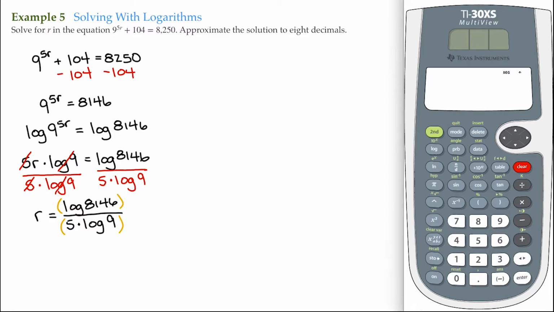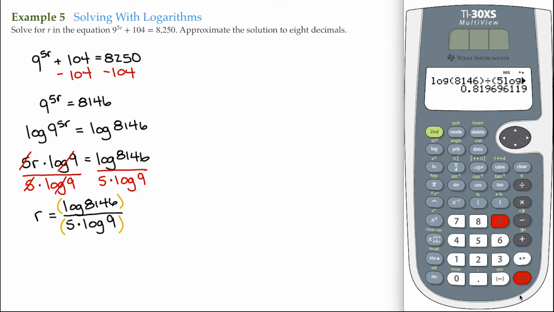So as we enter it, I'm going to type in the log of 8,146, close off that parenthesis, and then I'm going to divide that, but then I'm going to put in a parenthesis here. That's going to be this parenthesis right here. And I'm just going to type in 5 times the log of 9, close off the parenthesis for the 9, and then close off the parenthesis that is this one down over here.